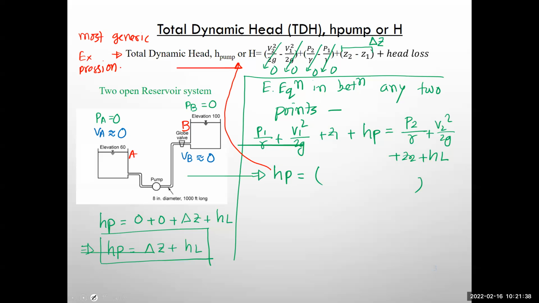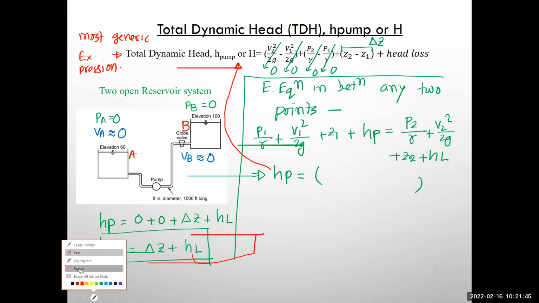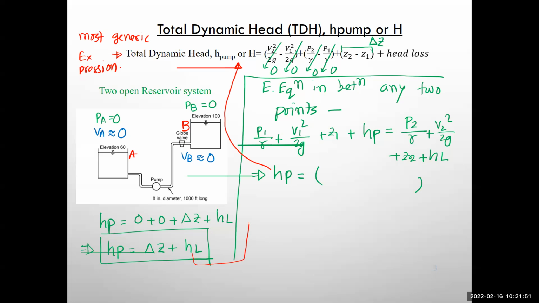And for this head loss, which equation can you use? Any equation or any specific equation? When I say any equation, I mean Hazen-Williams and Darcy-Weisbach equation. We can use both? Yes, we can use both.